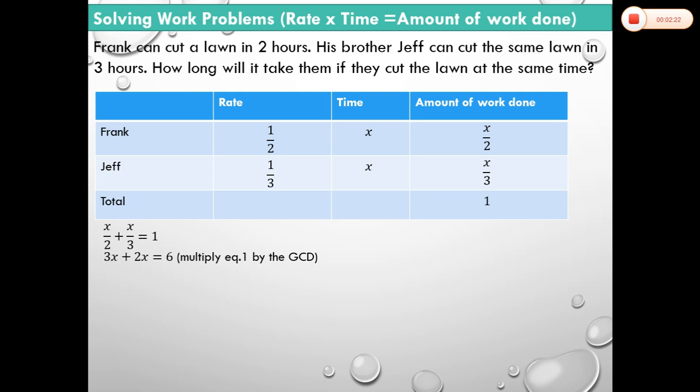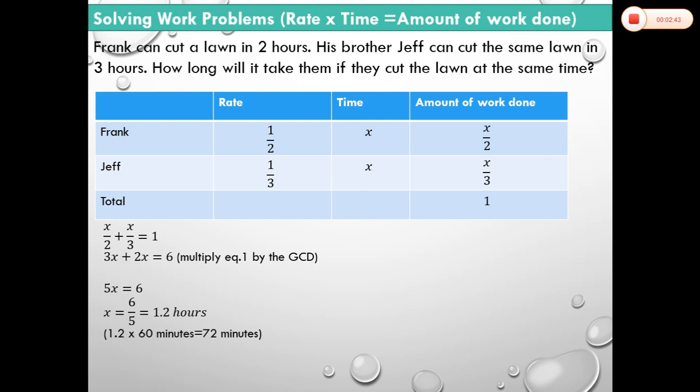Multiply the whole equation by the GCD to get 3x plus 2x is equal to 6. Then 5x is equal to 6. x is equal to 6 over 5 or 1.2 hours.